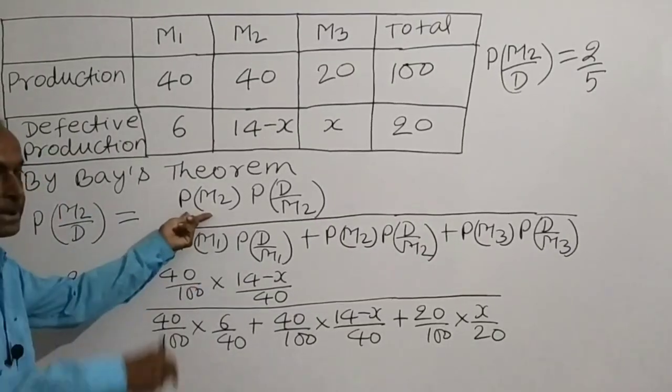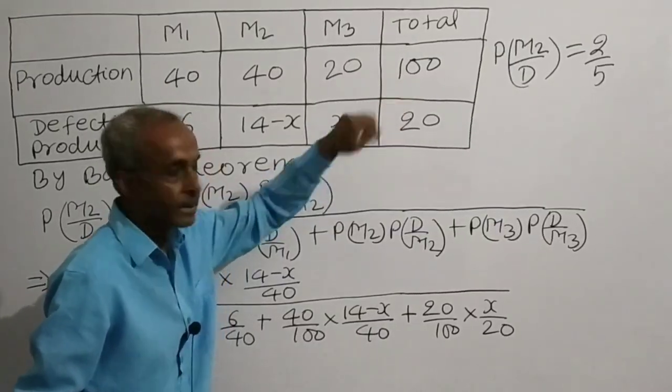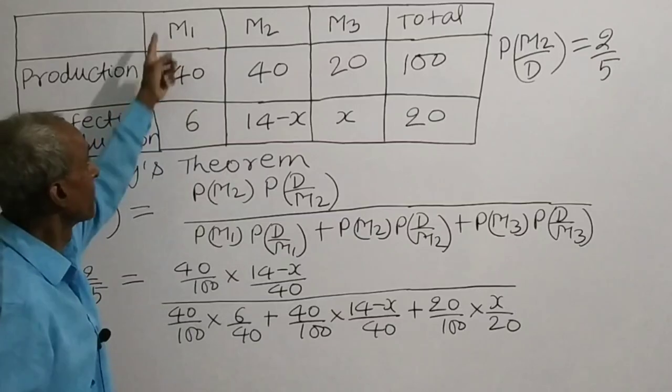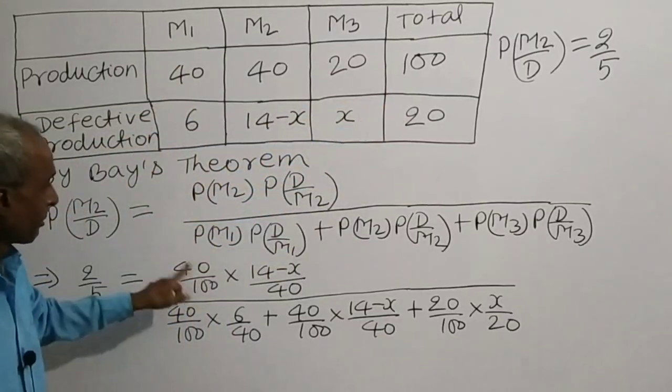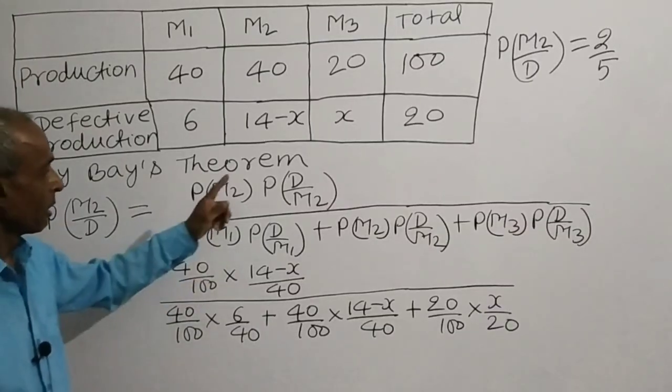When one bulb is selected out of 100 bulbs, the probability that this bulb is produced by M1 will be 40 by 100.